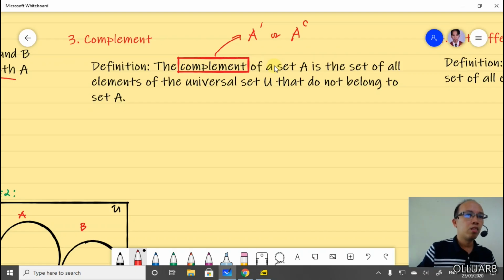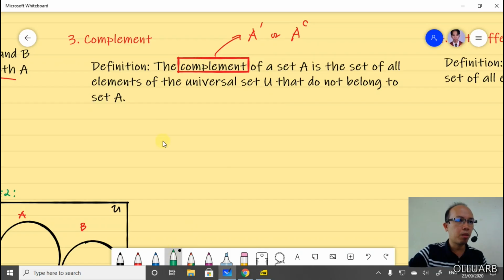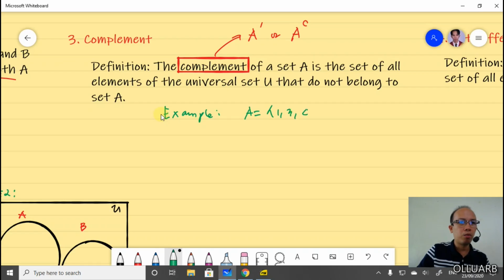So let's have an illustration here, some example. Let's say we have set A as 1, 3, 4, and 6.